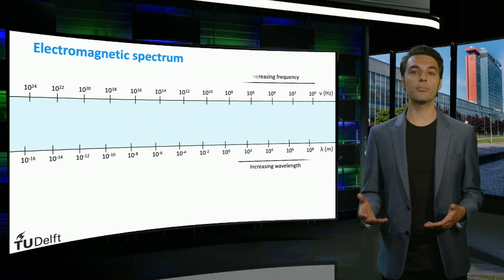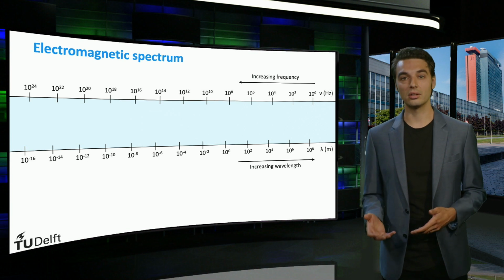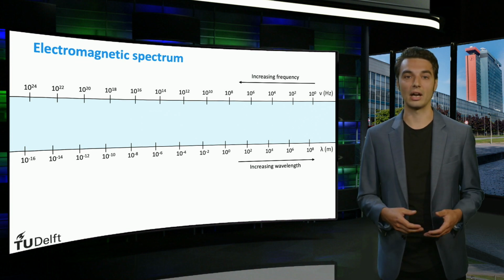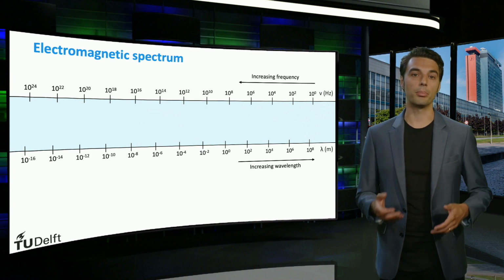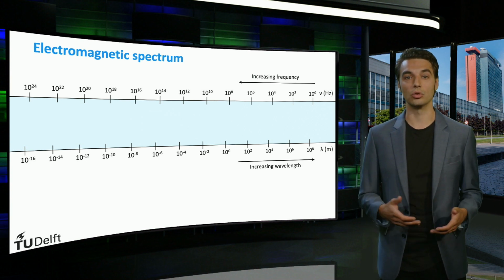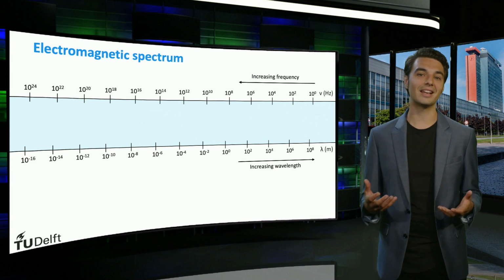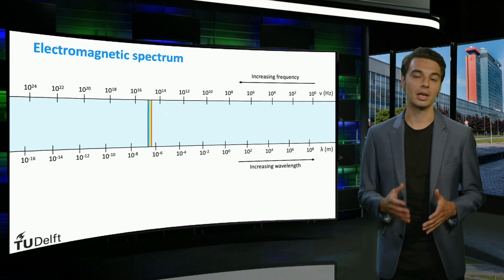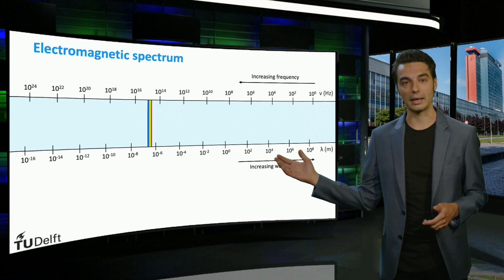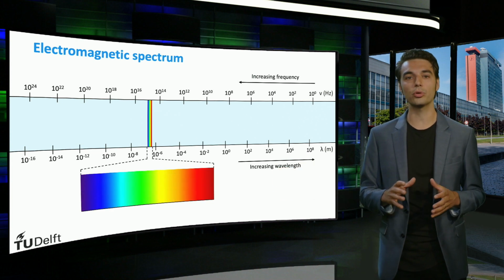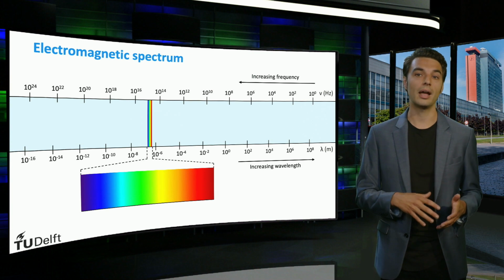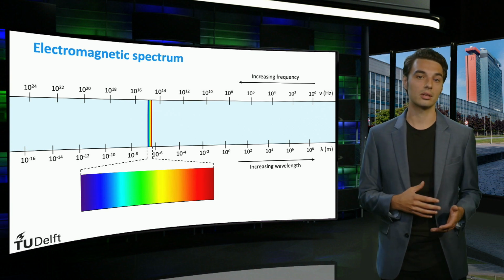Since both wave properties are inversely related, the arrows of increasing wavelength size and frequency are pointed in opposite directions. The part of the electromagnetic spectrum that we humans can observe with the naked eye is very small. It is indicated by this colorful line. If we take a closer look, we can see that the visible spectrum ranges from blue and violet light to red light.